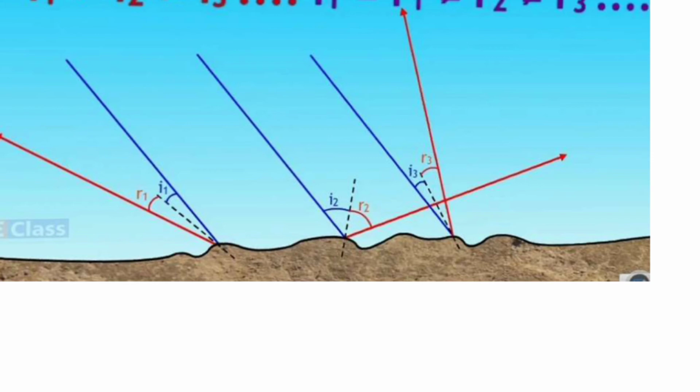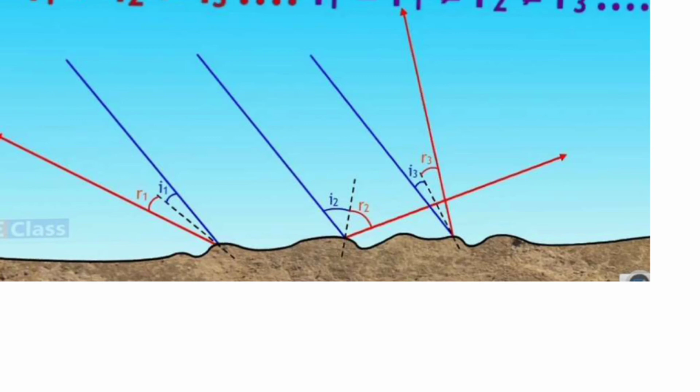So the reflection of light in the irregular reflection has not been obtained because the laws of reflection are not followed. They are obtained because the surface is rough. So in irregular reflection, the angles of incidence at different points are different.